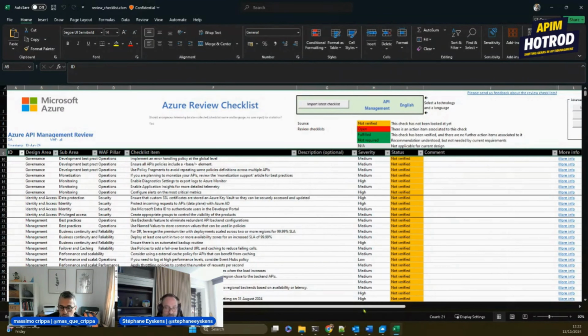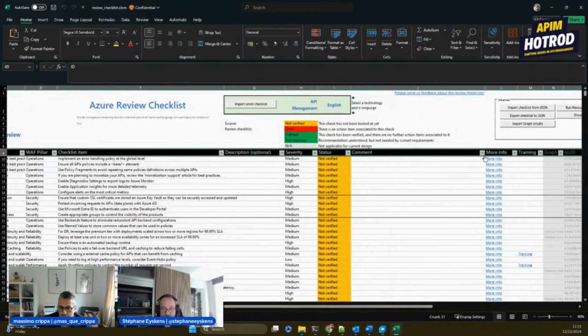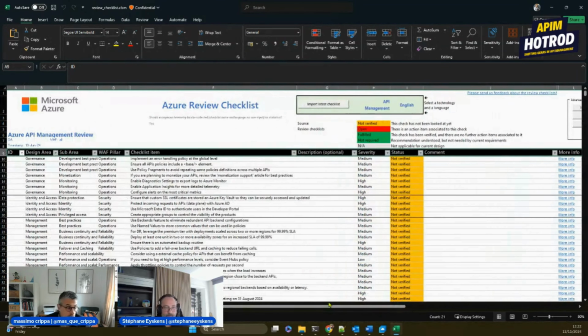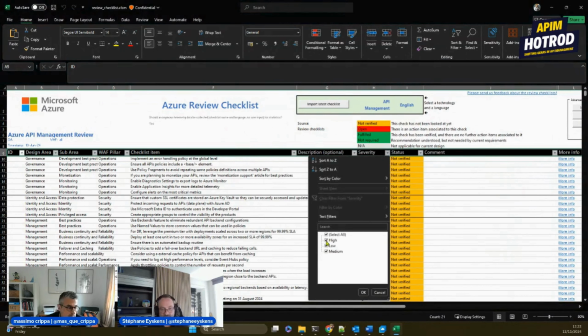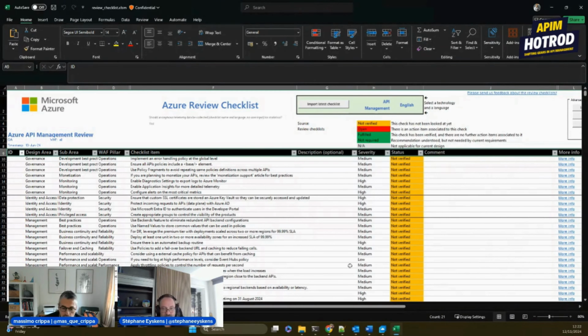And also you have here on the right more information if you want to go deep into it. So that's my starting point. The advice is to focus first on what is marked as high, and all the way through the different severities. This is also a very good thing to document for your solution.